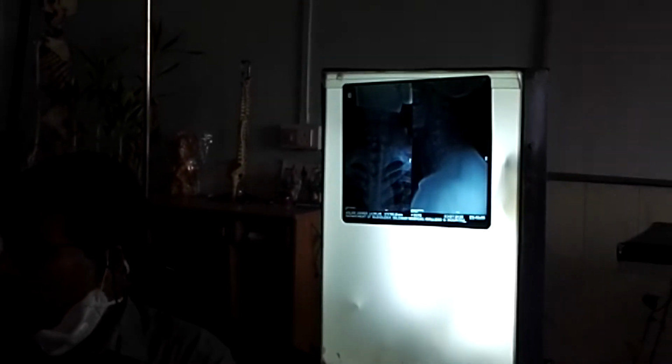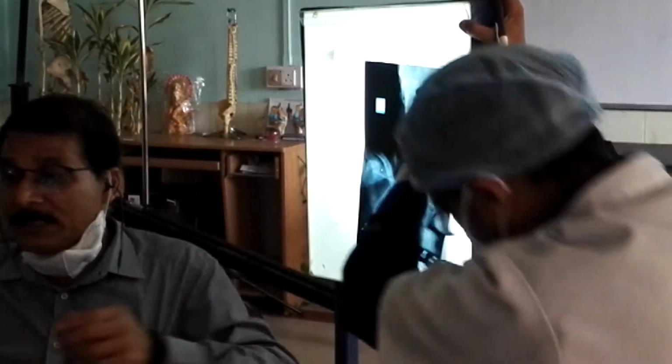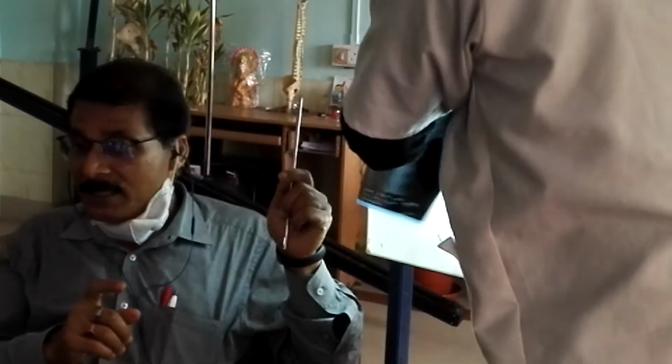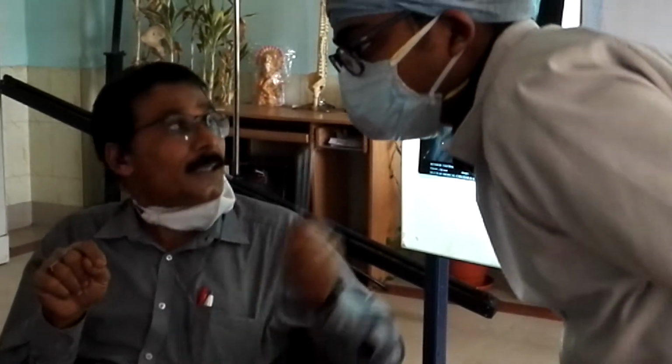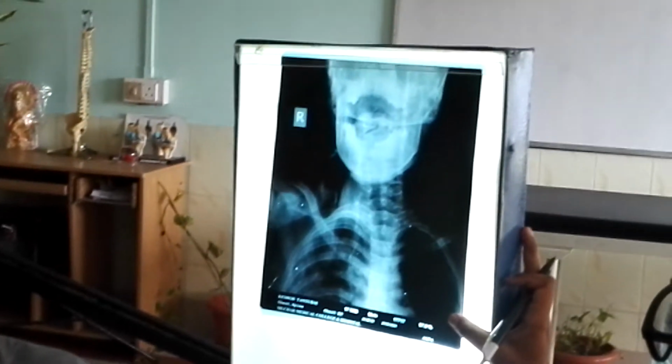In the mouth open view, particularly look for Jefferson fractures. Where is the mouth open view? Please show one. Look for Jefferson fractures, and in this mouth open view also look at the odontoid process. You see the disc space at the C1, C2 junction, and uniformity of the disc space is most important.